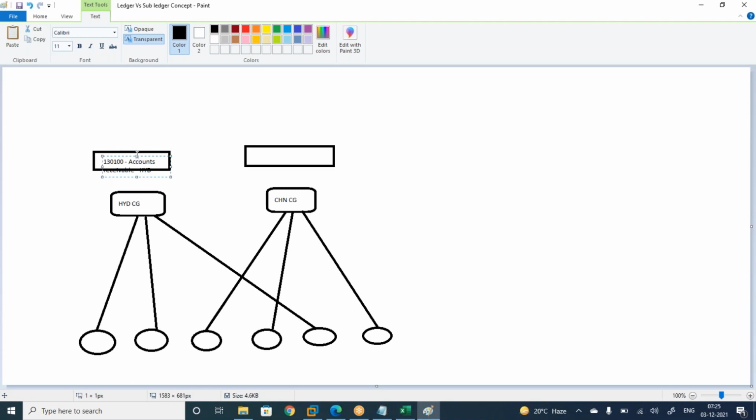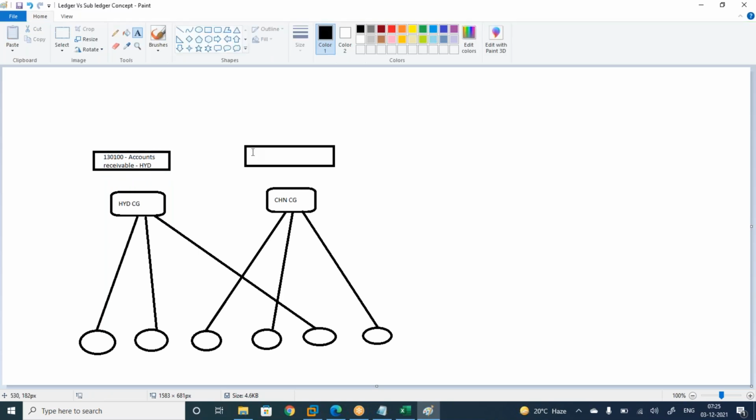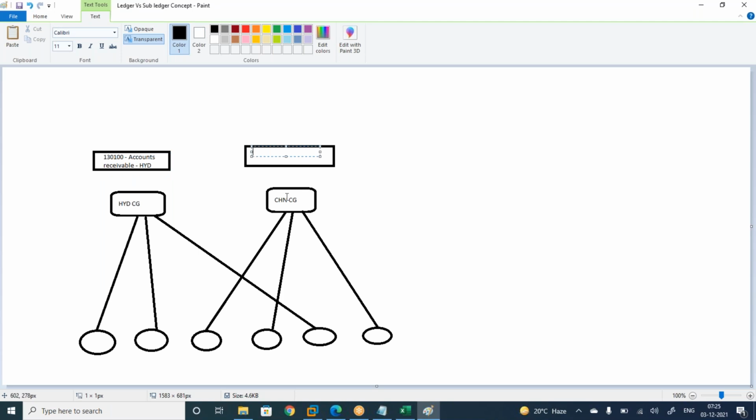I have created it like this. And here also I have created 130110, something, Accounts receivable Chennai.